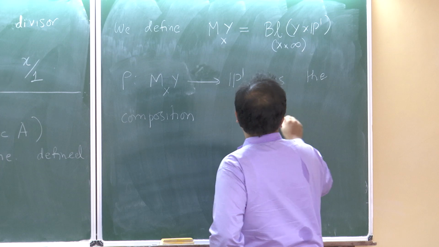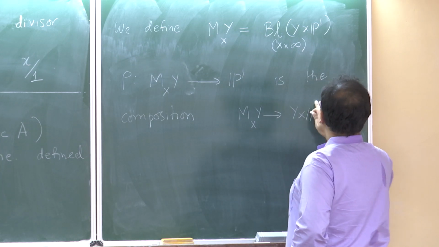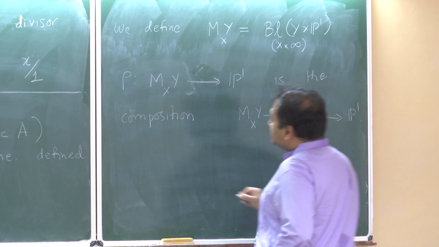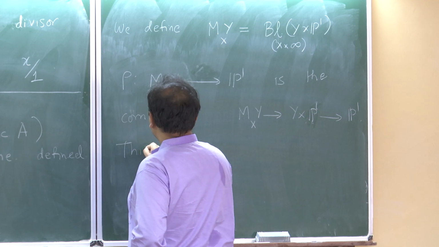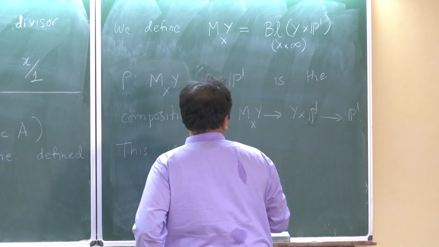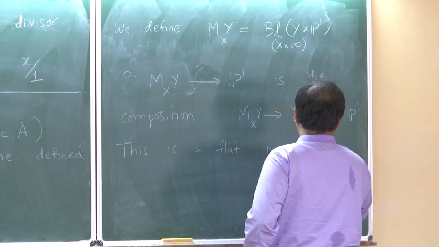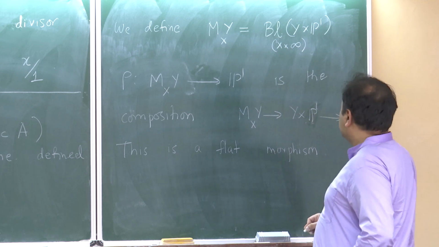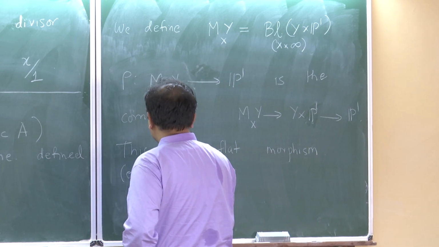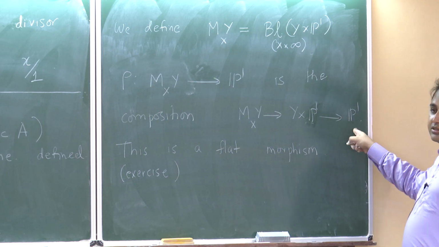This is a flat morphism. This can be an exercise which we can discuss if necessary, but it is easy to check because this is a smooth curve.